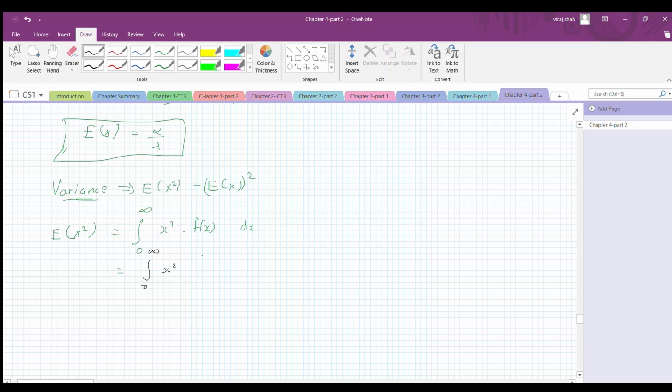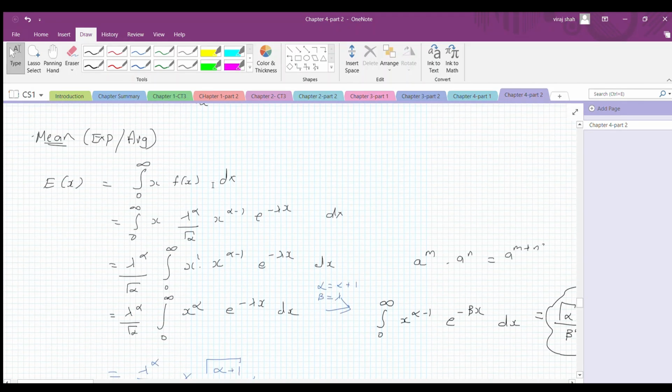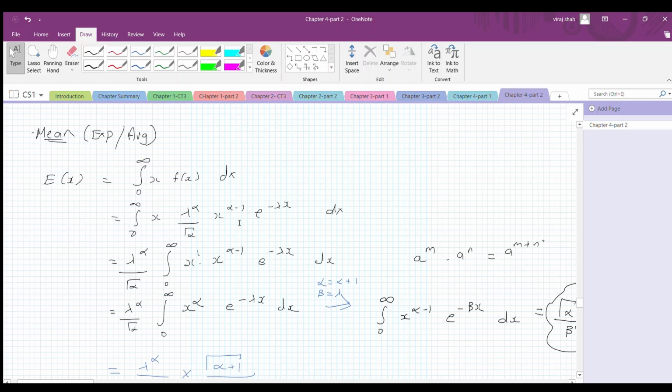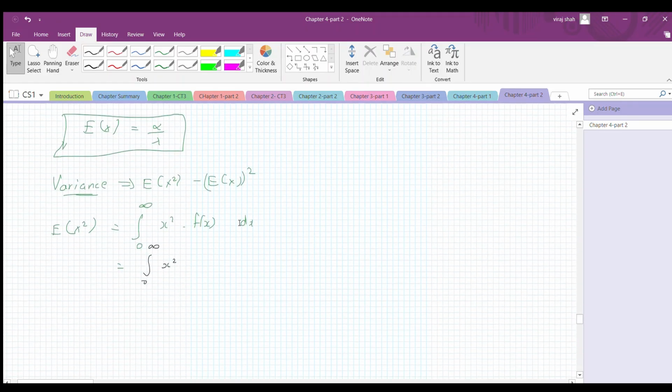What is f of x? Lambda raised to alpha upon gamma of alpha, x raised to alpha minus 1, into e raised to minus lambda x dx.